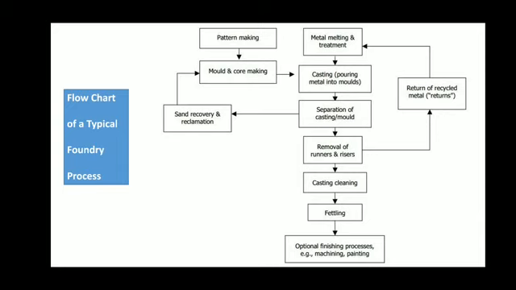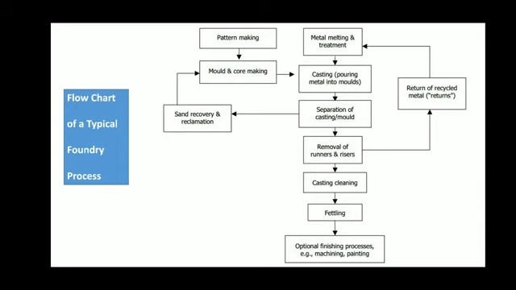And after the molding, metal melting and treatment are over and we have poured the molten metal into the mold, then comes separation of casting and mold. That means after solidification, that is the step we have to go for.